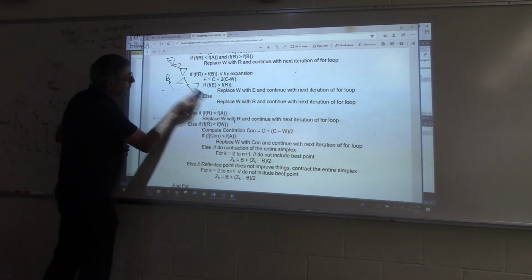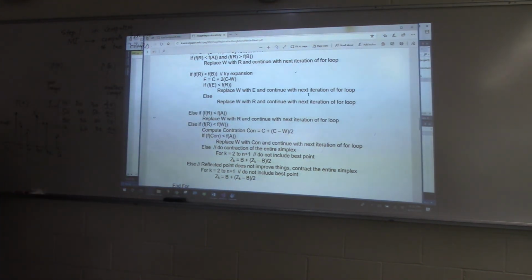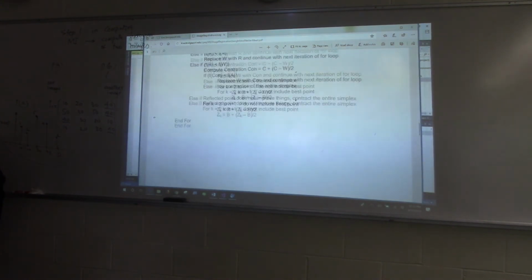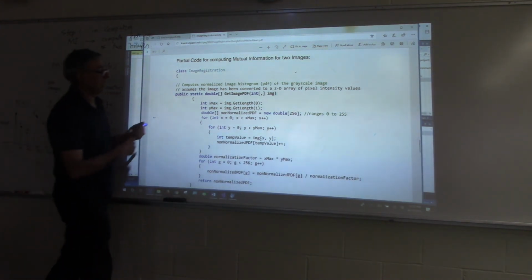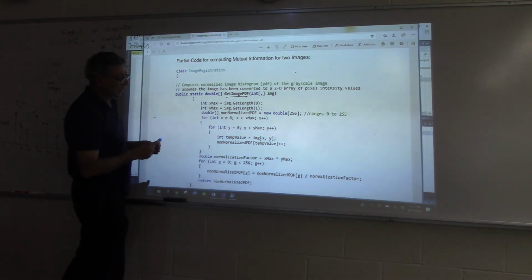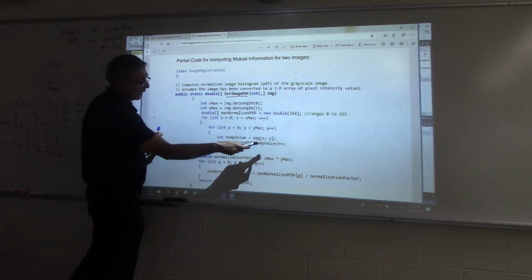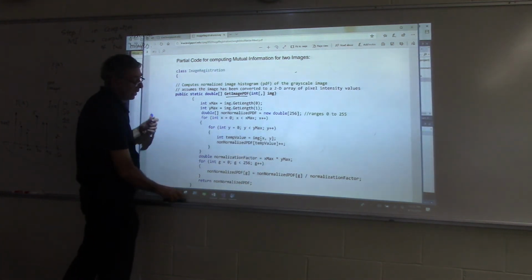If you were to build it actually, like I said, I used to give this as an assignment. So here's the partial code for computing the mutual information. The first one is computing the PDF for one image. All you can see is it basically incrementing the pixel value by 1 if it finds it again.